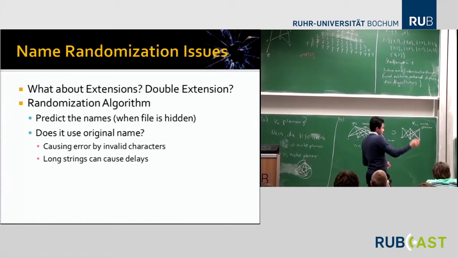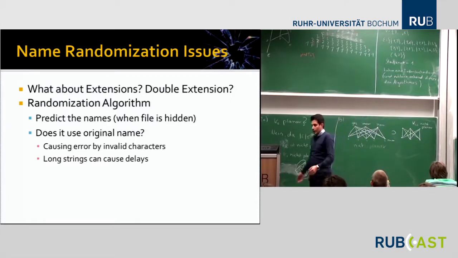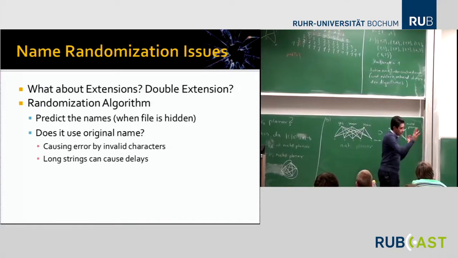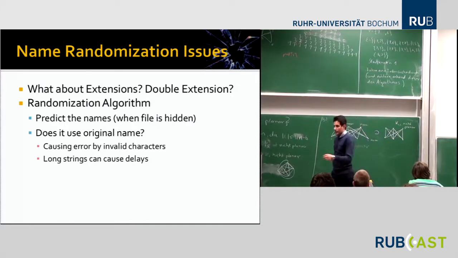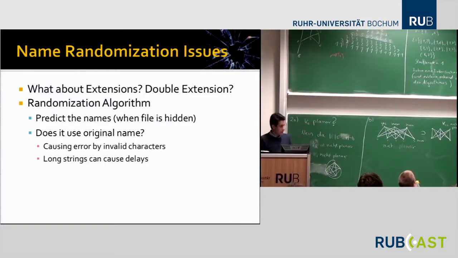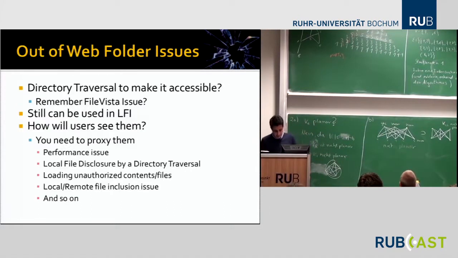Or their randomization algorithm is wrong and you can predict it. You can send something to it like wrong Unicode characters, or very large data, and it doesn't randomize it anymore. It just uses the same name. And it can also lead to denial of service for some systems.